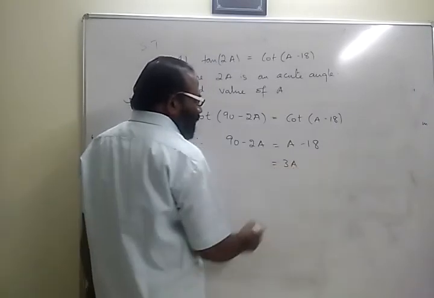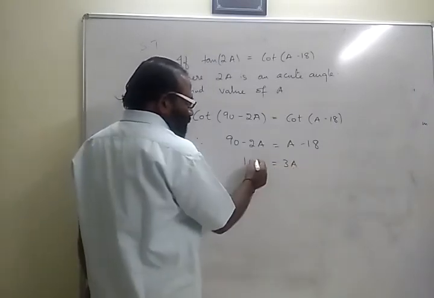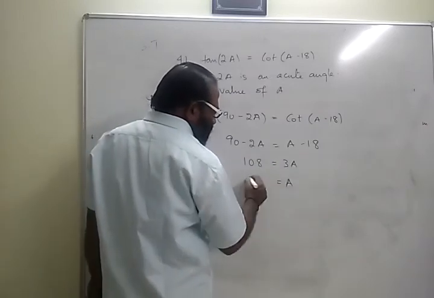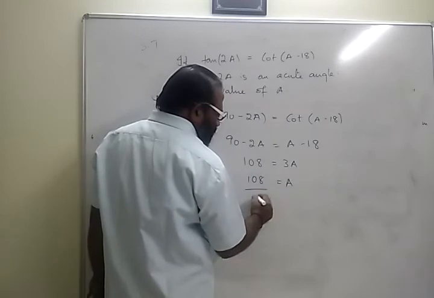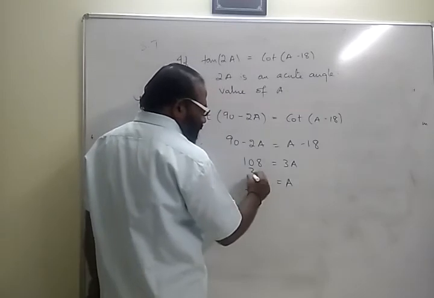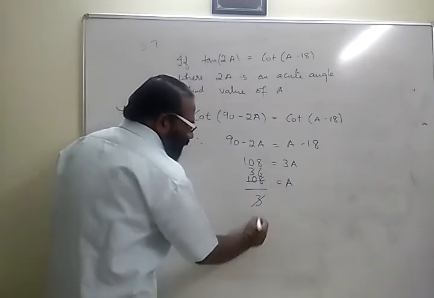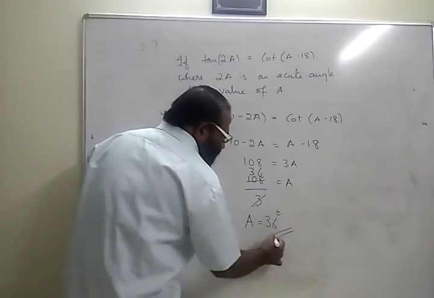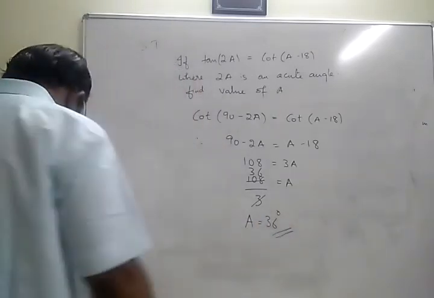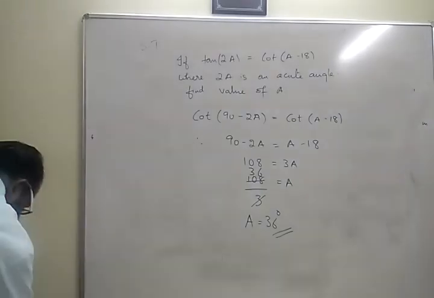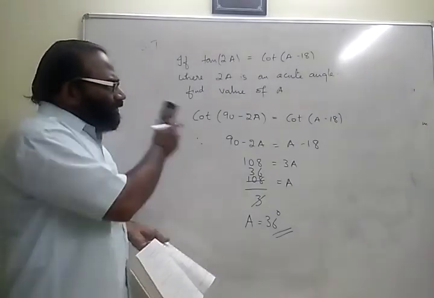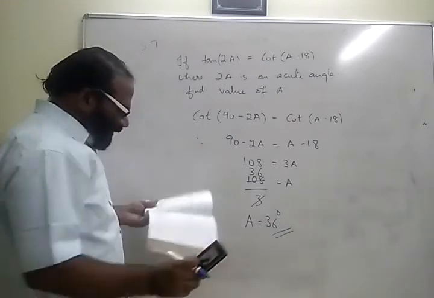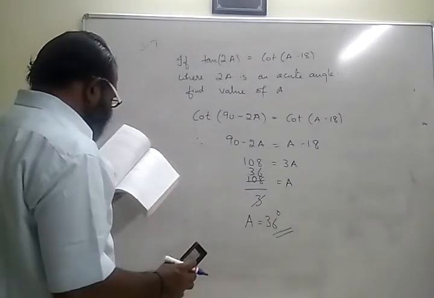So 3a equals 108, or a equals 108 by 3. 3 3s are 9, 3 6 are 18. So a is equal to 36 degrees. Okay, this is a very easy thing. Once you understand the complementary angles, all these problems are similar in nature.